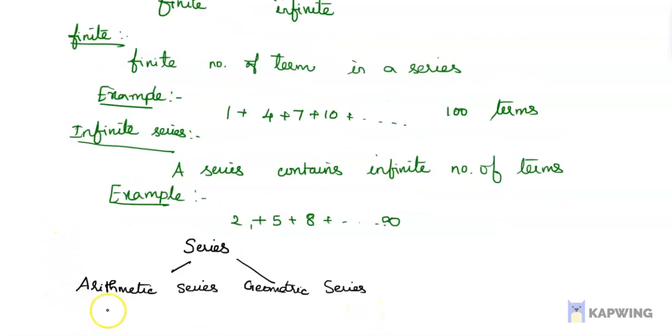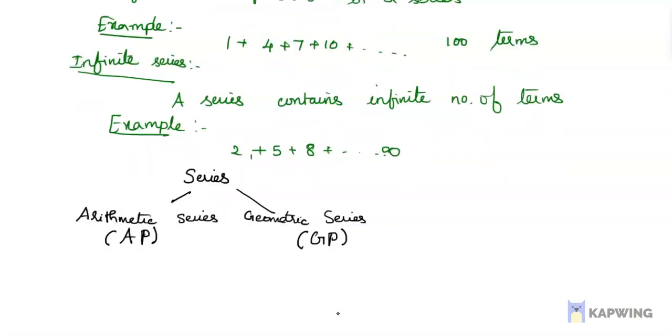Arithmetic progression, shortly we can write as AP, and geometric progression, shortly we can write as GP. So we will see one by one what is arithmetic progression and what is geometric progression.